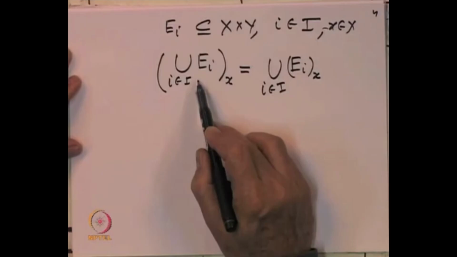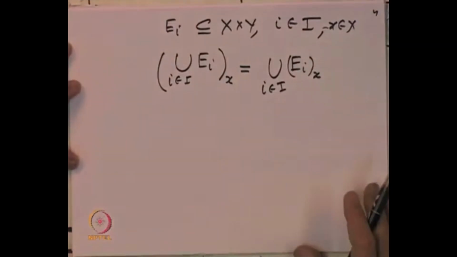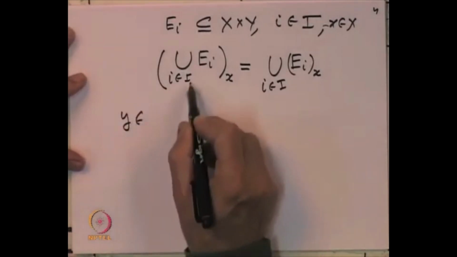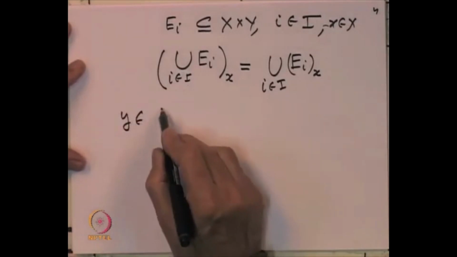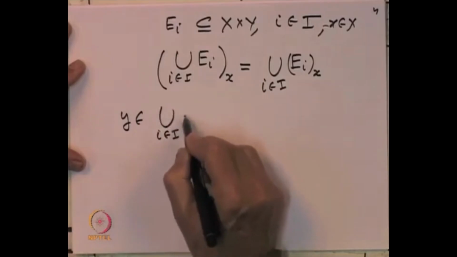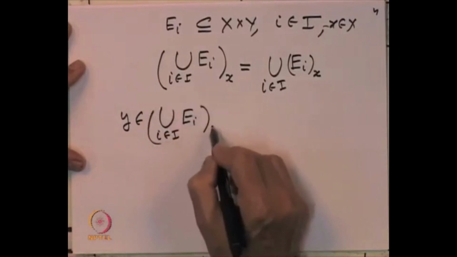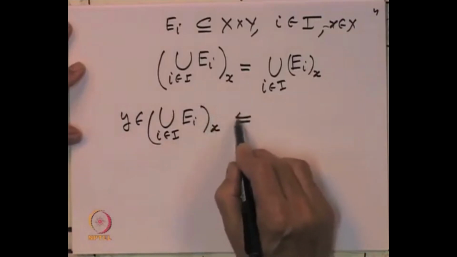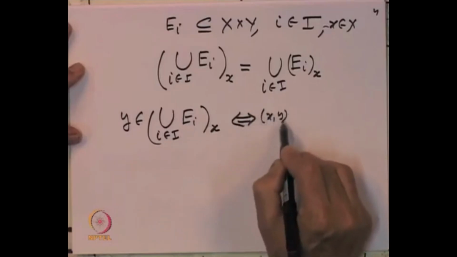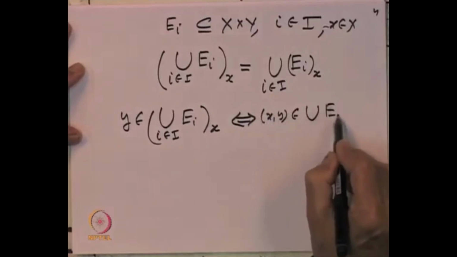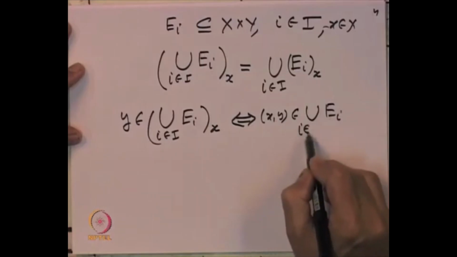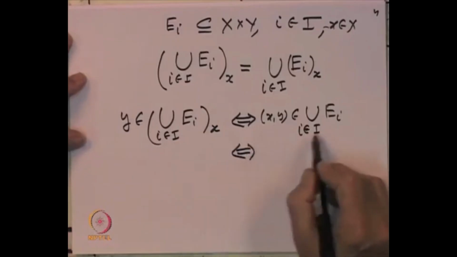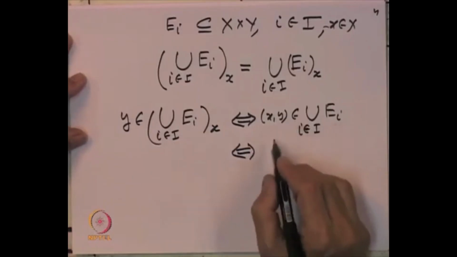So, the section of the unions is equal to the union of the sections. That is what we want to prove. So, to prove that, note that y belongs to the left hand side set, that is the union over i belonging to I of E i, and its section at x. But y belonging to the section at a point x is the same as saying that the point x comma y belongs to the union of E i's, i belonging to I. But the definition of saying that a point belongs to the union means it should belong to at least one of them.